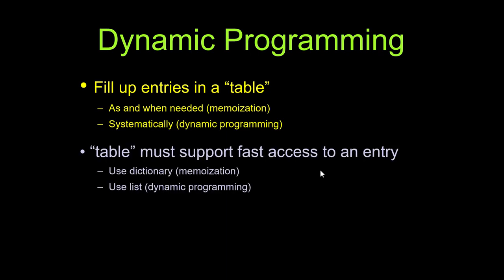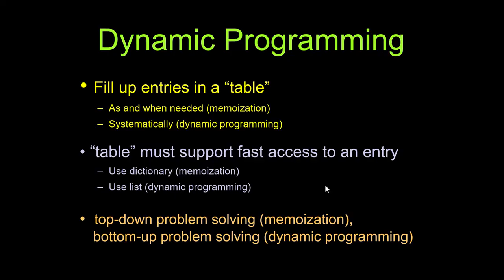For memoization, because the table is accessed in no particular order, it has to be supported by a dictionary for fast access. On the other hand, dynamic programming is accessed in a systematic manner and thus can use a simple list to keep the answers. In some way, memoization is a top-down approach, while dynamic programming is a bottom-up approach. With these notes, we are now ready to see the same three examples using dynamic programming to solve them.